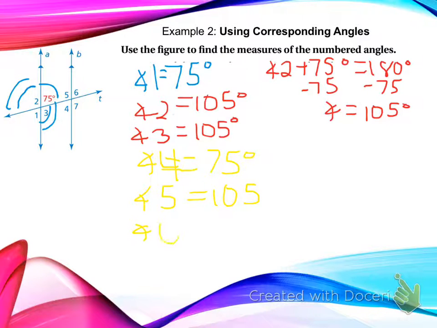Angle 6 corresponds with that angle that's labeled 75 degrees. Angle 7 corresponds with angle 3, which is 105 degrees. And so that would be all of them there. Just make sure you're paying attention to which ones correspond. Remember, correspond just means it kind of matches up, to figure out which angles are what degrees.